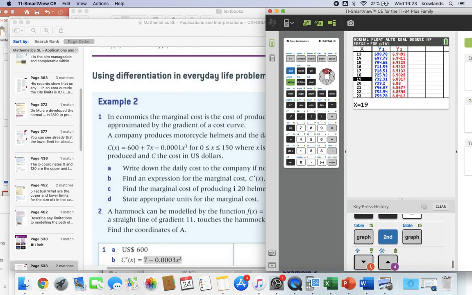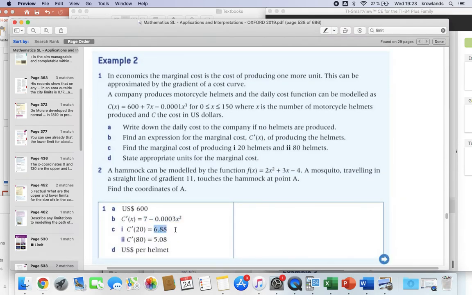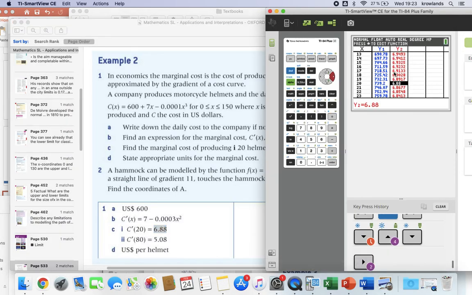So we say when we have 20 helmets, this is going to be our cost, 688. There we go. And then when we have 80 helmets, just keep scrolling down, look for when it says 80, our cost is, as expected, 508.